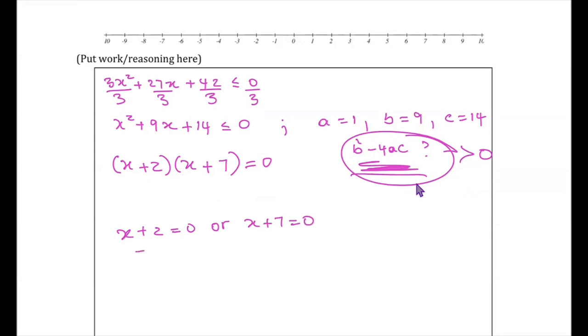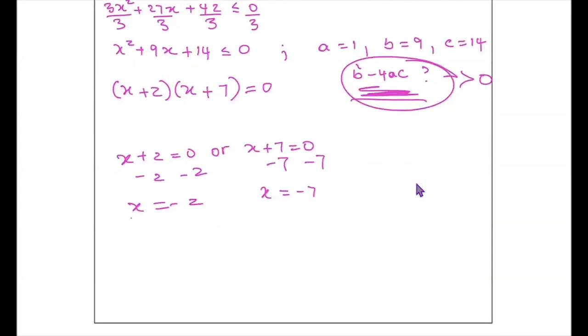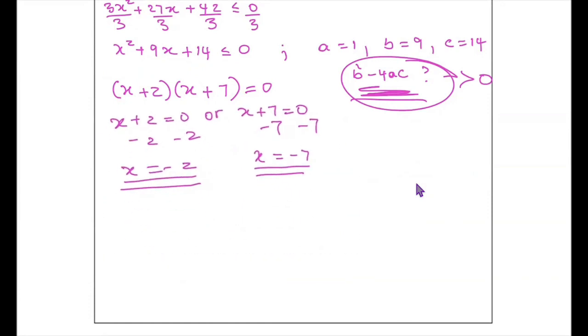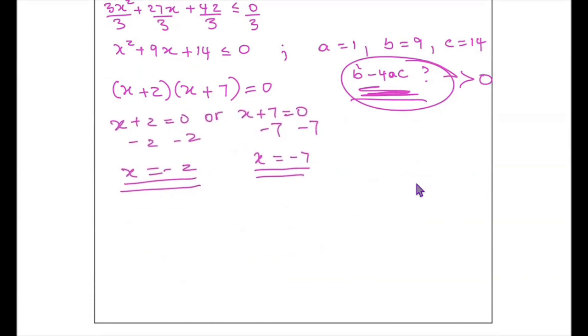And then we can subtract 2 on both sides: x equals -2. Subtract 7 on both sides: x equals -7. We have two values for which x squared plus 9x plus 14 is 0. So those two values are the values for which we have 0.